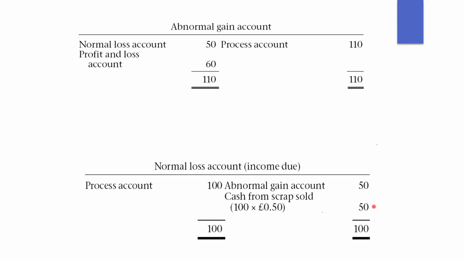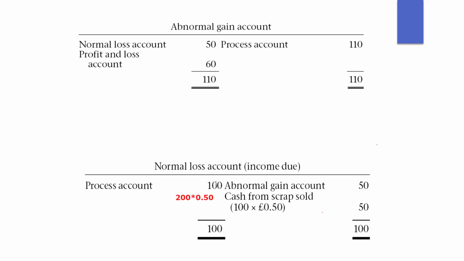So here you can see the normal loss transferred is 100, reflecting the 200 into 50 pence, which is the 100 in the normal loss account.